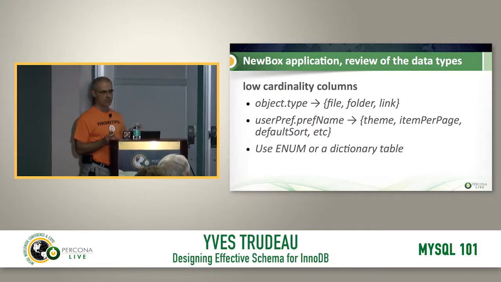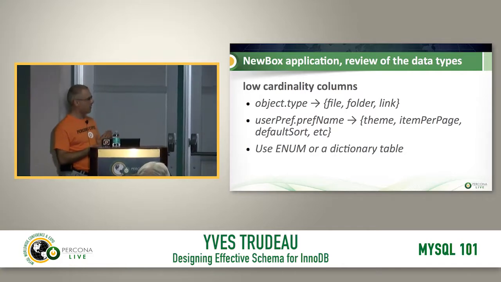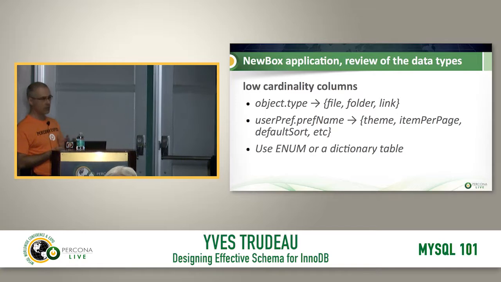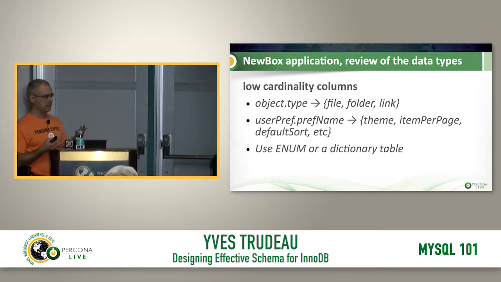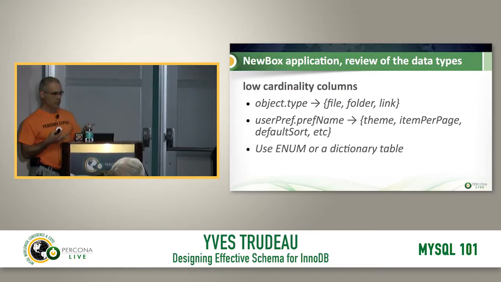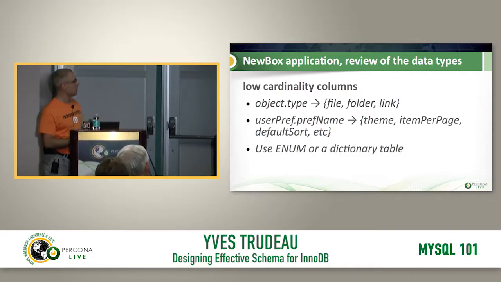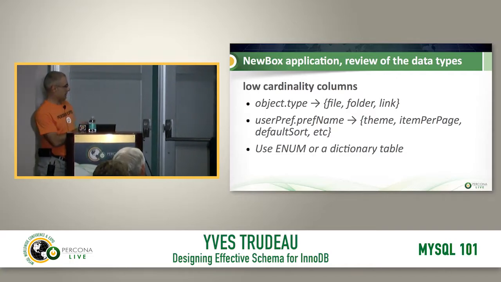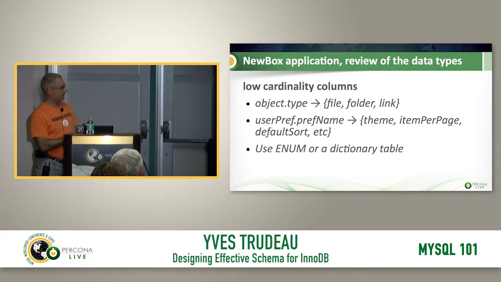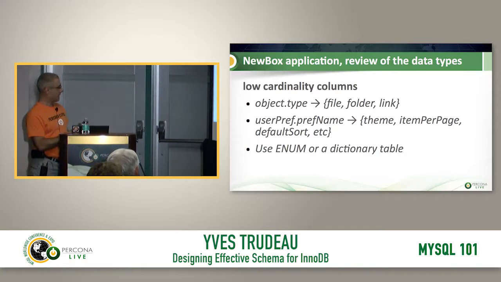It's the only authorized values. Why would I store a varchar when I know the key space and it's so small? And same for user pref names. I only have a few. You can list them. So in such a case, you should use enum, it's a solution, or even better, a dictionary table.